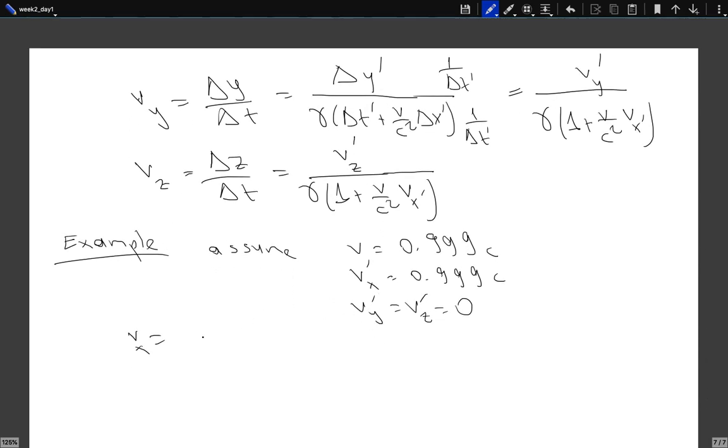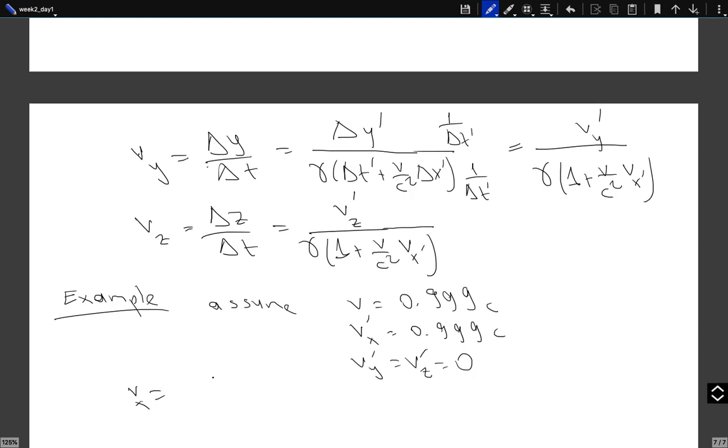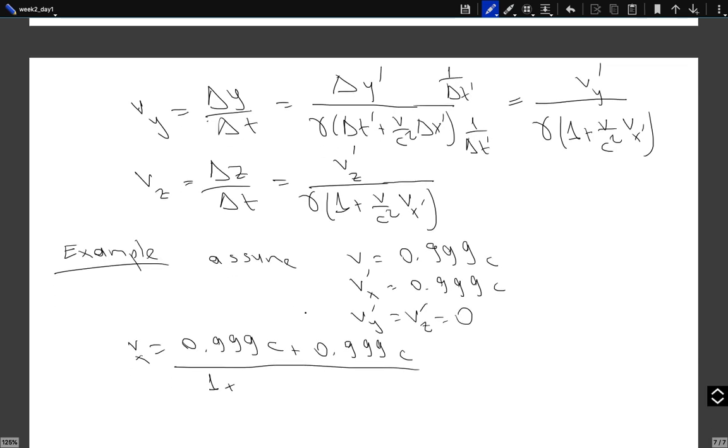Vx prime is 0.999 c, plus 0.999 c, divided by 1 plus 0.999 c divided by c squared times 0.999 c. Put in the numbers and you will find that this is less than c.